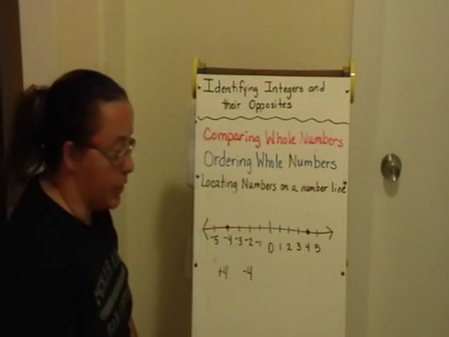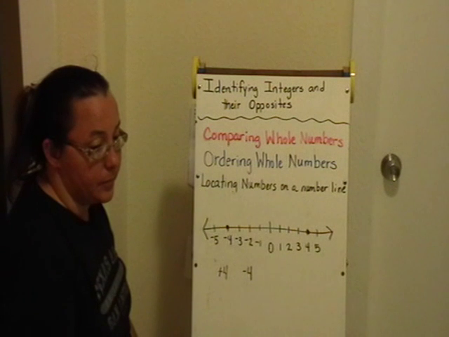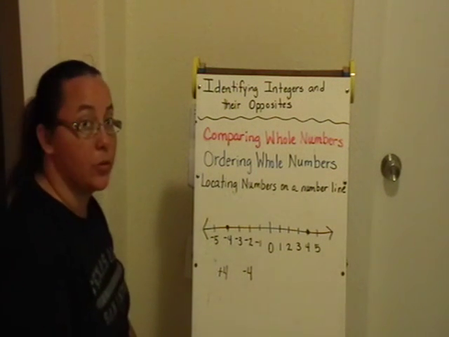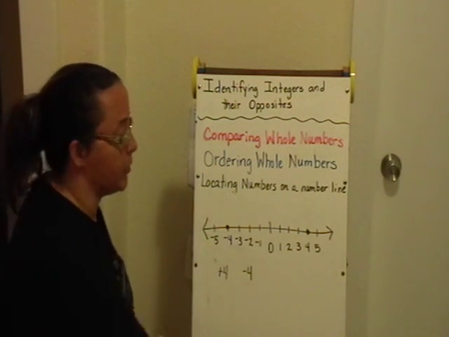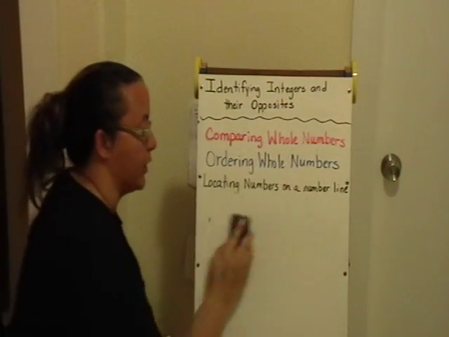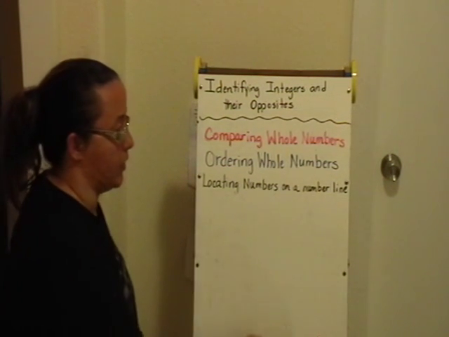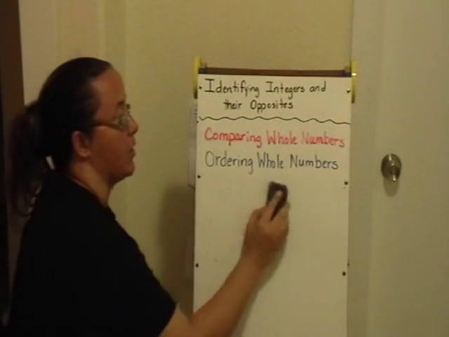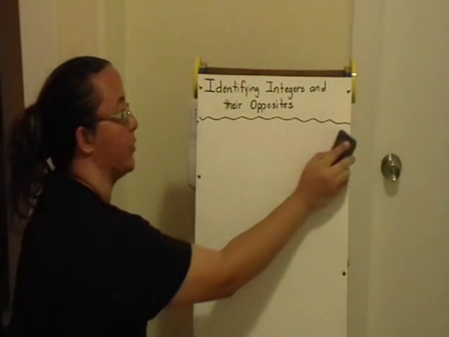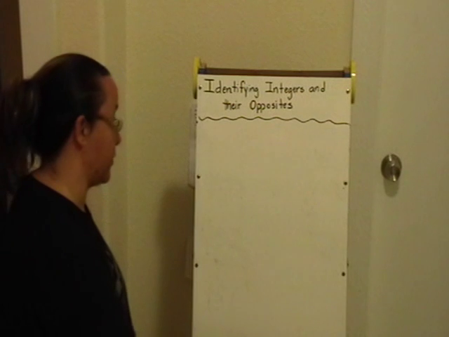Tomorrow we're going to make a foldable in class to help you remember some key terms, but I'm going to go over some of those real quick, just so you can understand what we're going to talk about here in just a moment. The first term that we're going to go over is integer.